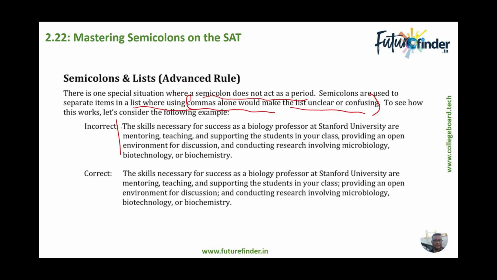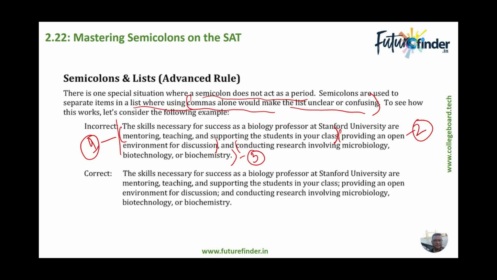So this is one of the skills that is required. Providing an open environment for discussion, skill number 2. And skill number 3, conducting research involving microbiology, biotechnology, or biochemistry. So there are 3 basic skills that are enumerated out here.